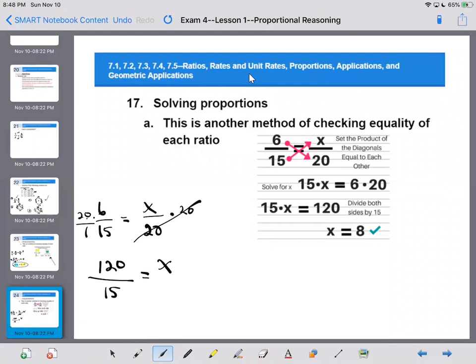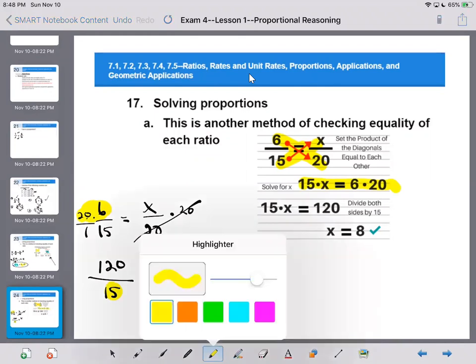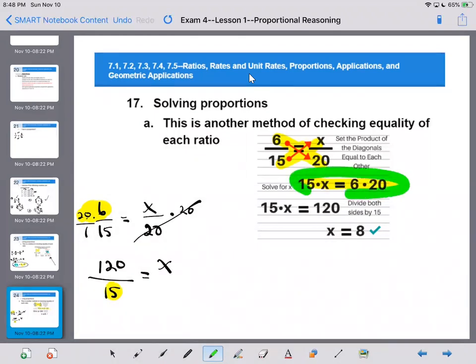What you're seeing right here is 20 multiplied by 6. That's your cross product here. And then finally, we would divide by 15, which, after you multiply the other cross product, you're going to get 15x equals 6 times 20. So we're going to multiply 6 by 20, and then we're going to divide by 15.